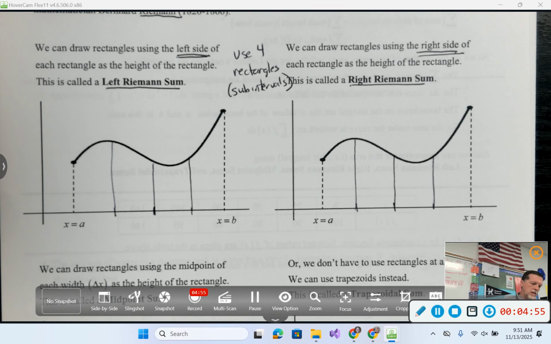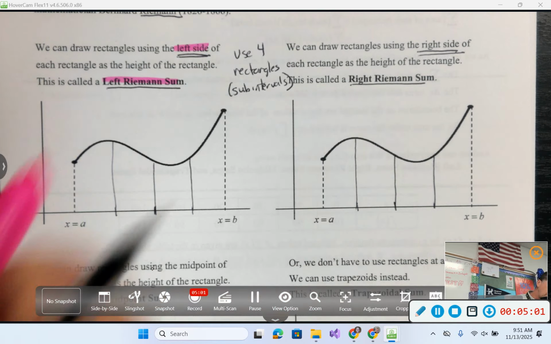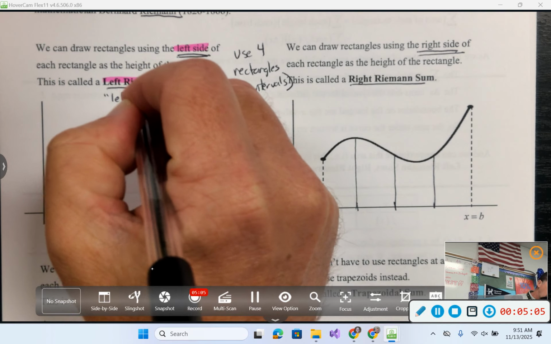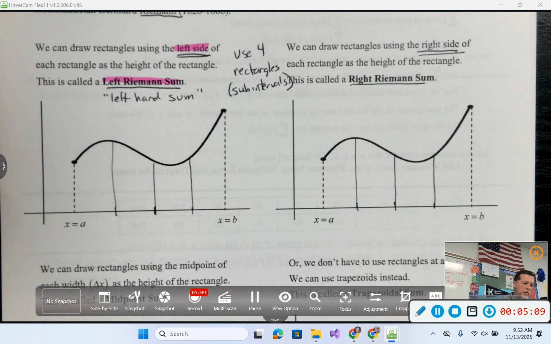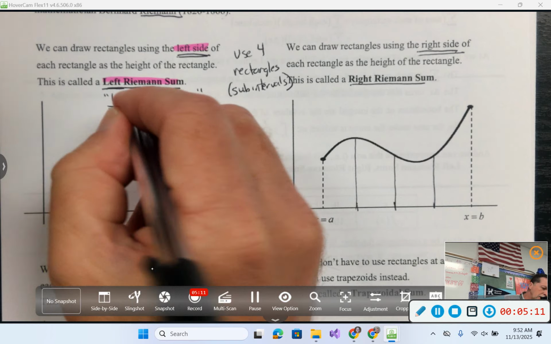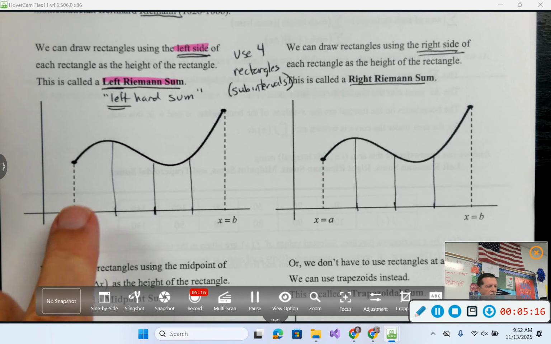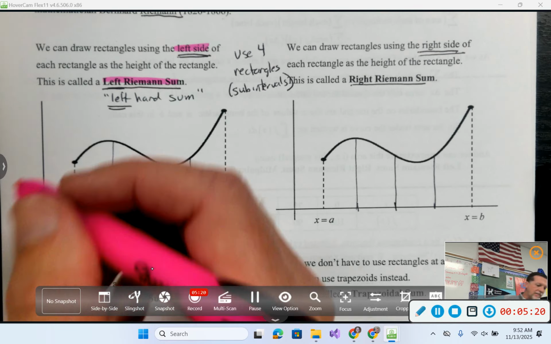Okay, left-hand Riemann sum, left side. Sometimes you hear it called the left-hand sum, but the key word there is left. Left sum, left-hand sum, left Riemann sum. That means we want to make a rectangle, 4 rectangles, and we want to use the left-hand height.